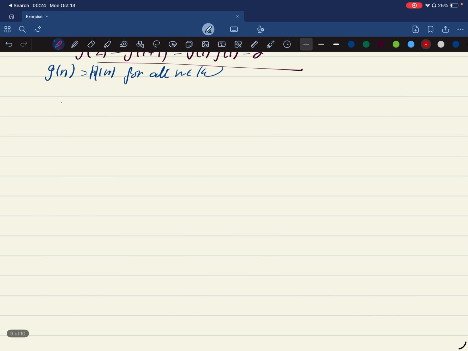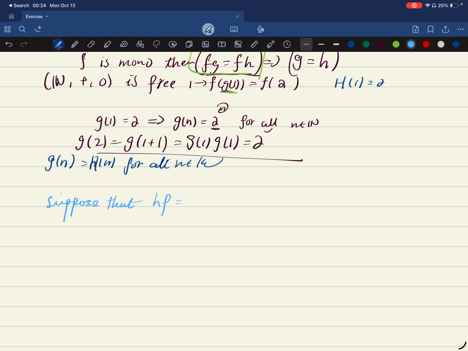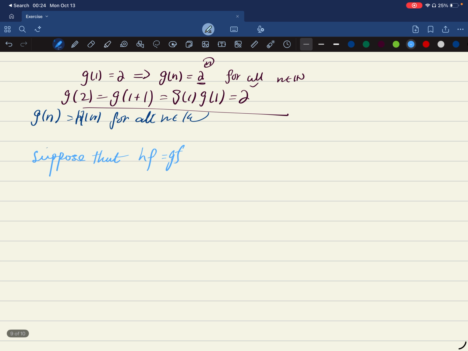So suppose that H f equals G of f. What will happen?